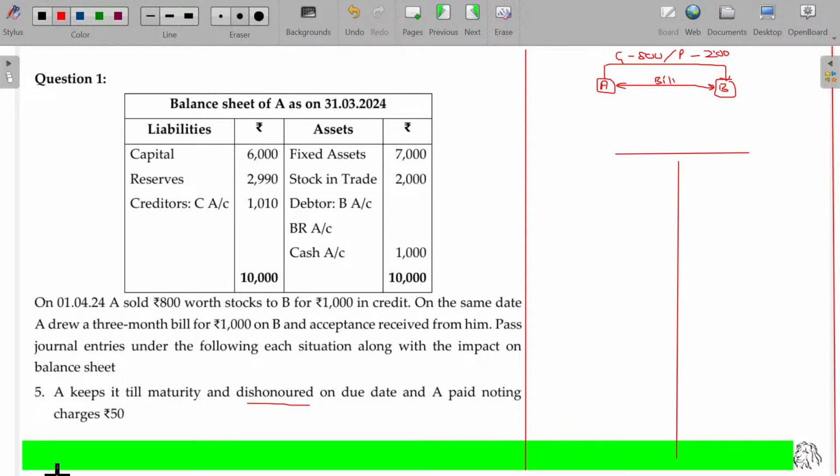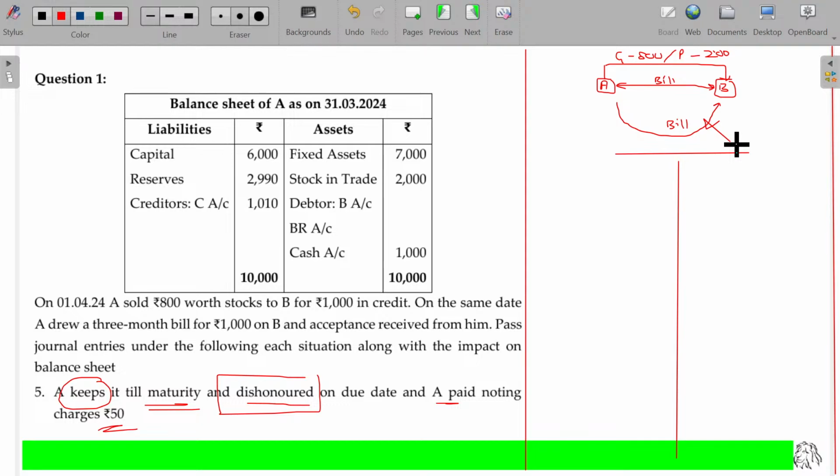Now what happens? A keeps the bill till maturity, but on the maturity date it got dishonored, and A paid a noting charge of rupees 50. On the maturity date, A approaches the bank, showing the bill to get cash, but B could not make the payment.